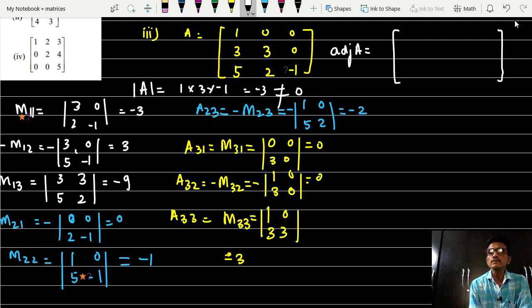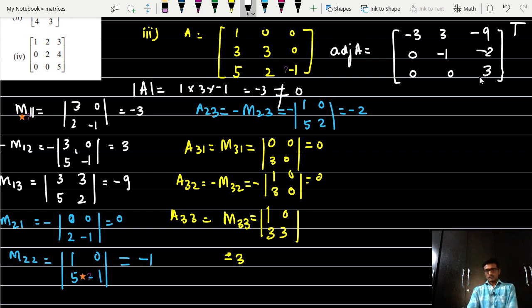Now A11 is equal to -3, A12 is equal to 3, A13 is equal to minus 9, then A21 is 0, A22 is minus 1, A23 is equal to minus 2, A31 is 0, A32 is 0 and A33 is equal to 3.